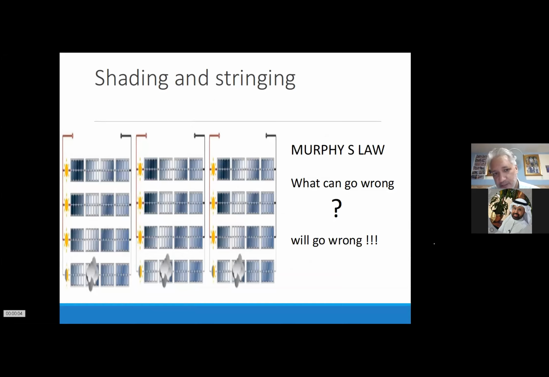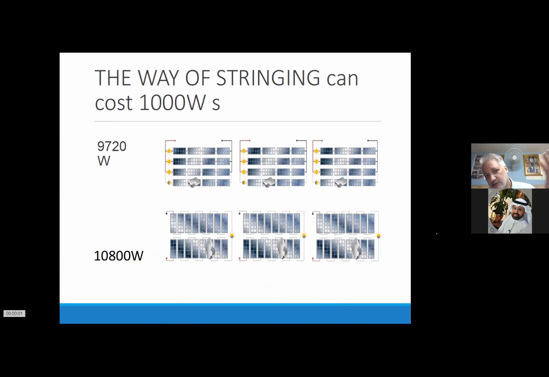what's happening. So these are the systems, like I said, thermal concentrated, these thermal strings connected in a horizontal or in a vertical string. It could vary from the shading, if you do it like this, between 9,720 and 10,800.